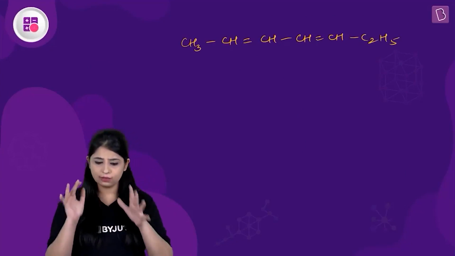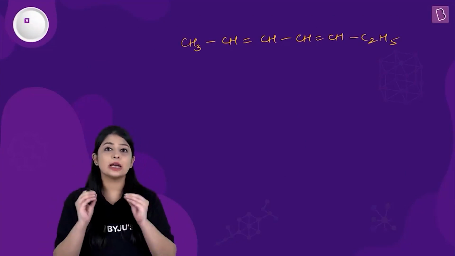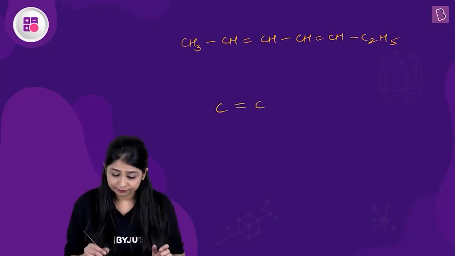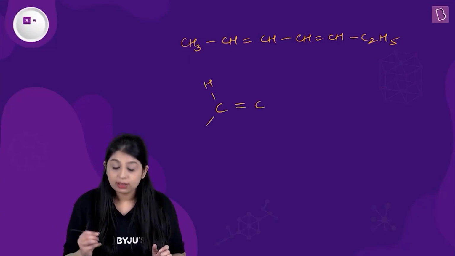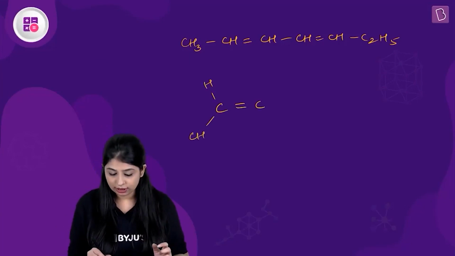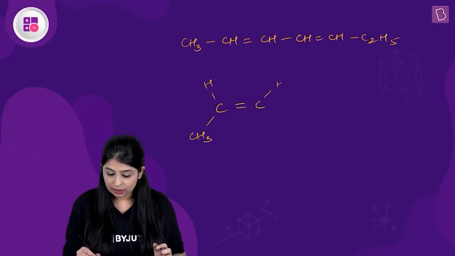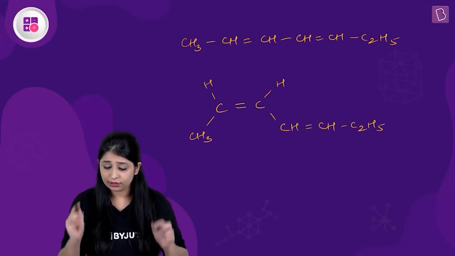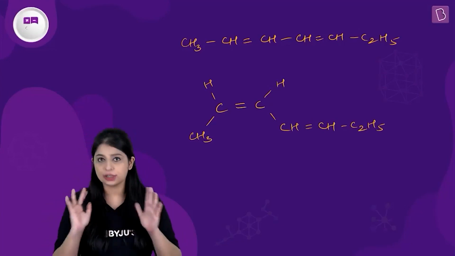So first, let's focus on the first double bond that we have here. C double bond C has an H atom, a CH3 group, another H, and CH double bond CH, C2H5. Right now we are just focusing on the first double bond.